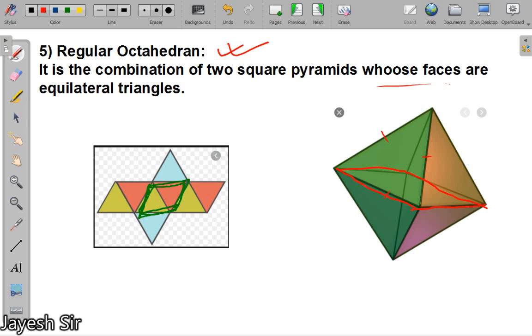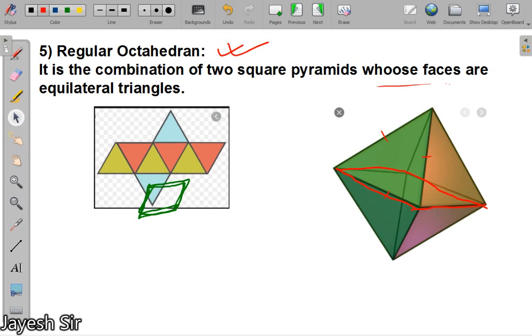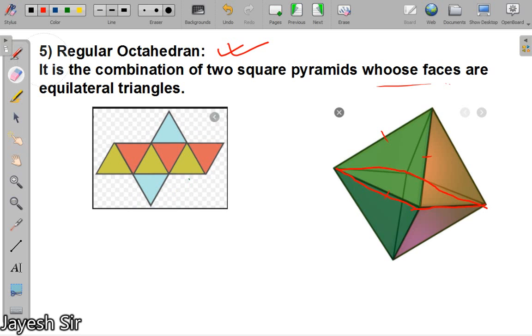Okay, what we need to remember in this diagram, important नहीं है मगर important है क्या, number of vertices. नंबर ऑफ वर्टिसेस कितना होगा, यहाँ पे काउंट कर सकते हैं, 1 2 3 4 5 and 6. Number of faces, 1 2 3 and 1 is back, 4 above and 4 below, 8.